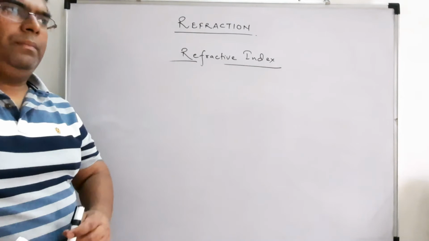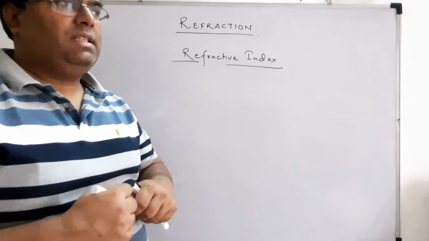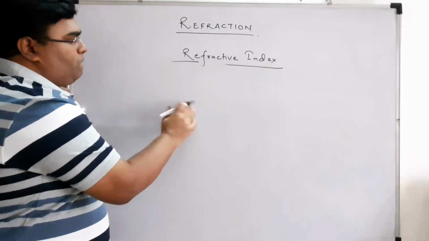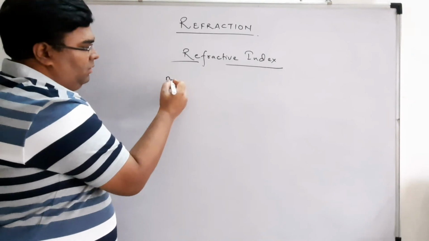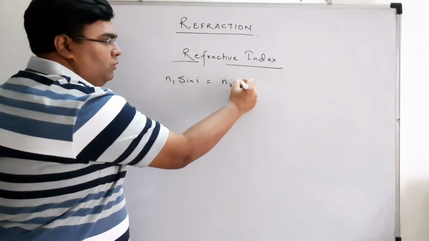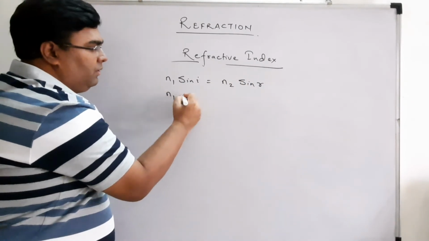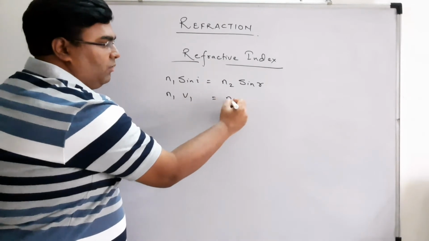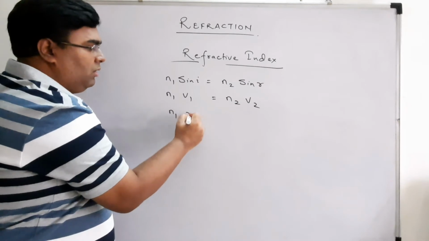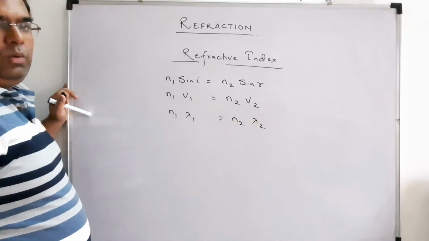So now we know basically three things about refractive index. One is n1 sin I is equal to n2 sin R, n1 v1 is equal to n2 v2, and n1 lambda 1 is equal to n2 lambda 2, right?